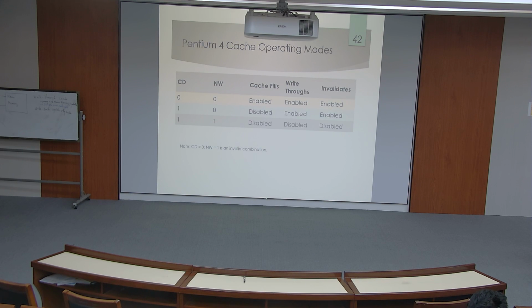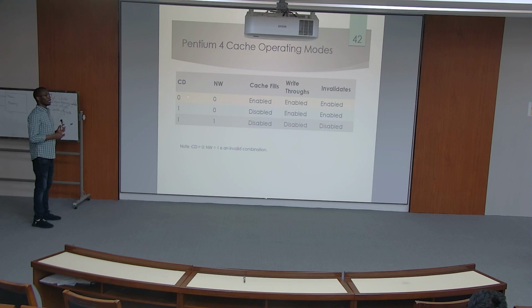So we have the cache disabled, and we have here no write. If we have these 2 combinations, that means the cache fills are enabled, and the write-through is also enabled. And that means invalidate is also enabled.